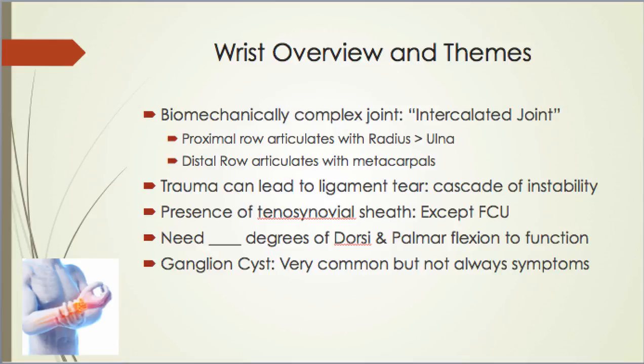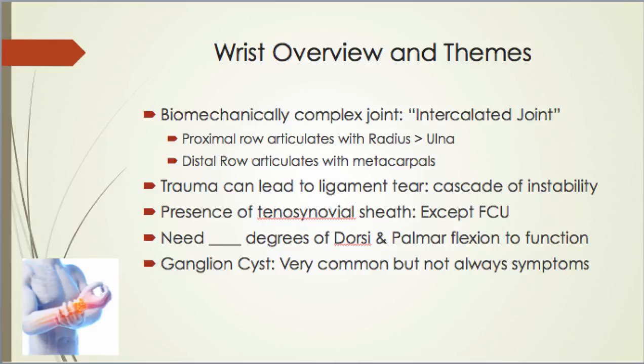Wrist overview and themes. This is a biomechanically complex joint. We call it an intercalated joint. And what that means is that what happens at that joint is a reflection of what happens above and below. So with an intercalated joint, which the talocrural joint at the ankle is also, there's generally no direct muscle attachment in this area.